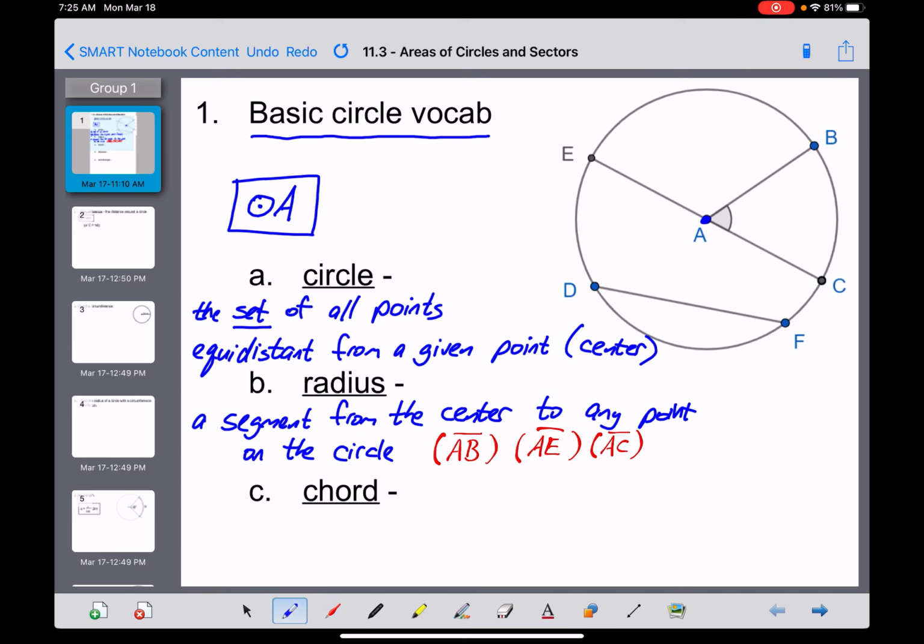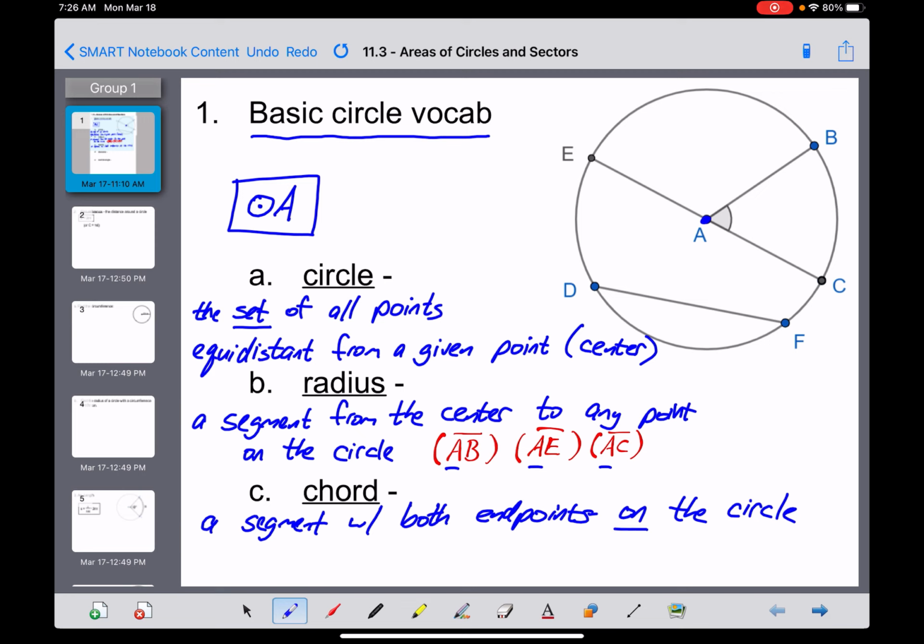Okay, next word, a chord is going to be a line segment, and all we need to say about a chord is that both endpoints of your line segment are going to be on the circle. So a radius is not a chord because in all three of these radii, A is one of their endpoints, and A isn't on the circle.